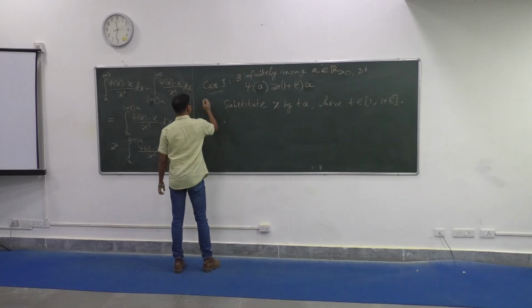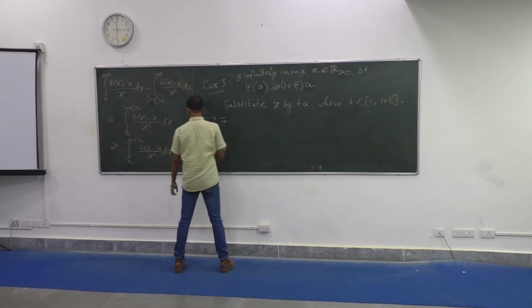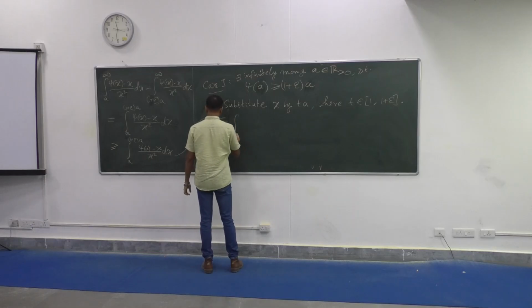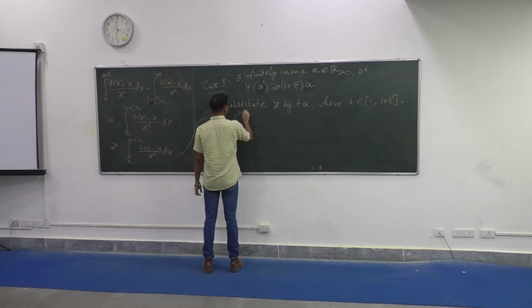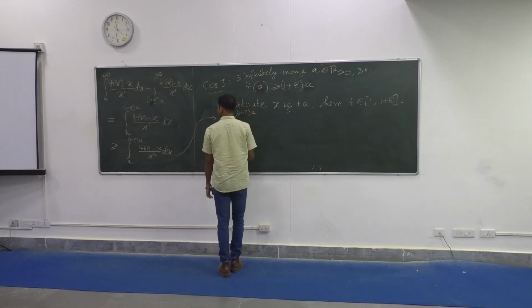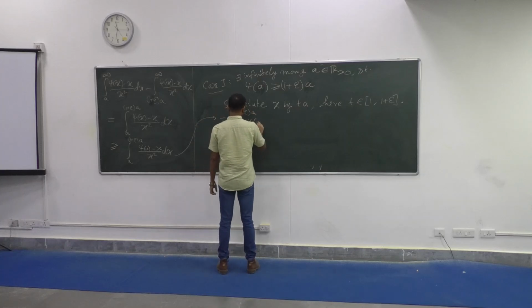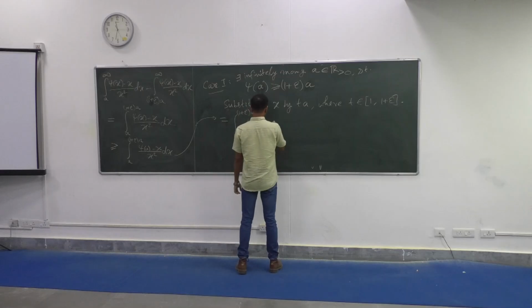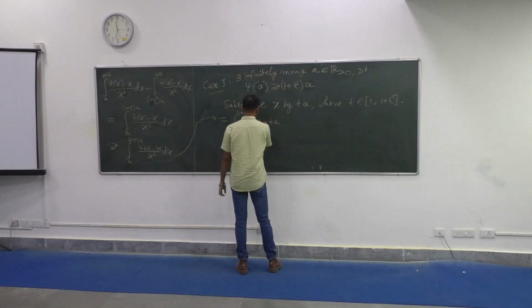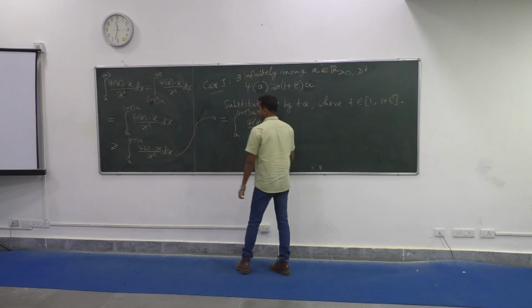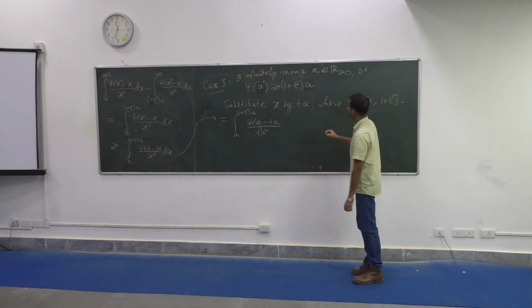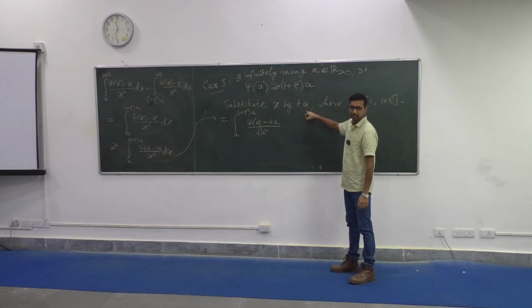Then this integral is equal to the integration from a to 1 plus epsilon a of psi of a minus x by x squared dx, where dx should be replaced by a times dt.